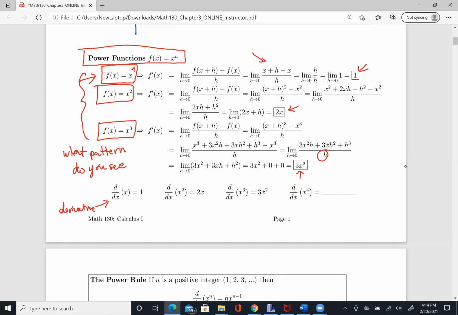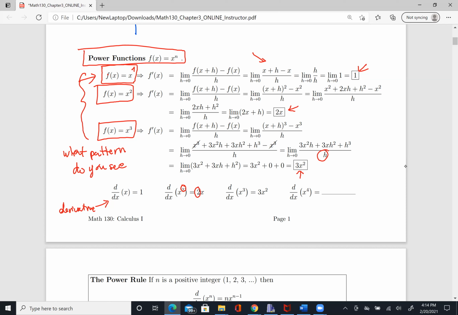So what do you guess for the derivative of x to the power 4? You may think about the power from the original function will become the coefficient of the derivative later.